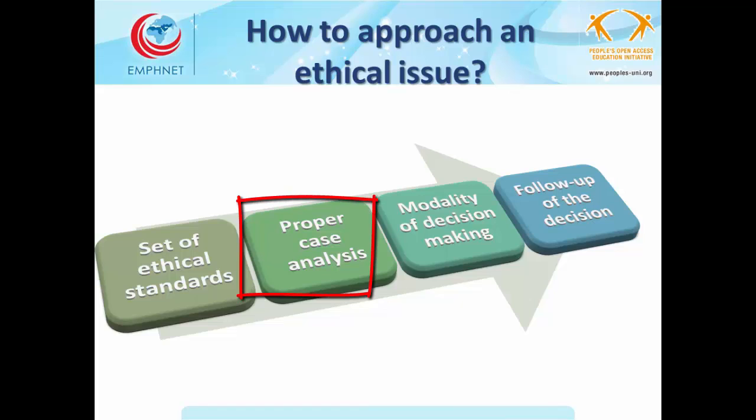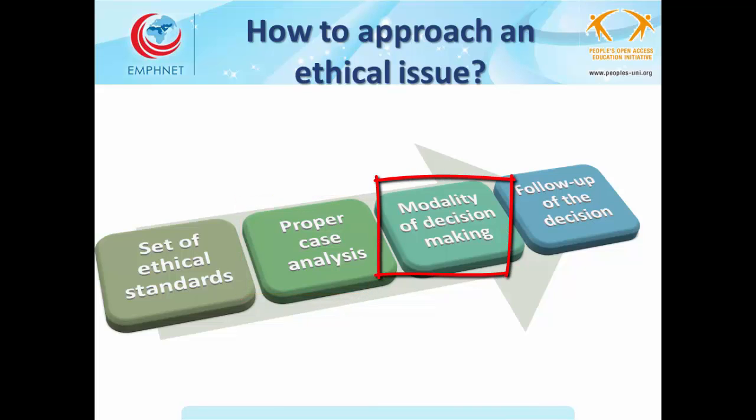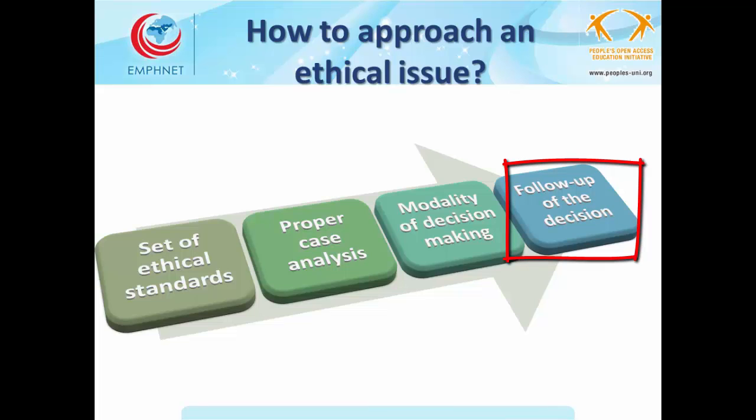After that, we need to decide how we are going to apply the decision that we came up with, or the modality of the decision making. Then even after the decision is taken, or at least a choice is favored, we need to follow up on this decision to assess its impact.